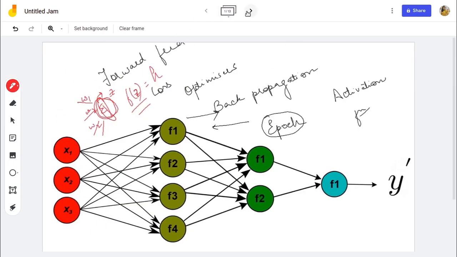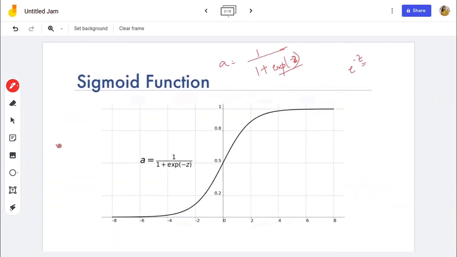Suppose you have weight 1, weight 2 and so on till weight n multiplied by the inputs. All this summed together forms a z. This z is passed to an activation function. So, this is the first activation function, the sigmoid function. The value of the sigmoid function is 1 by 1 plus e to the power minus z.